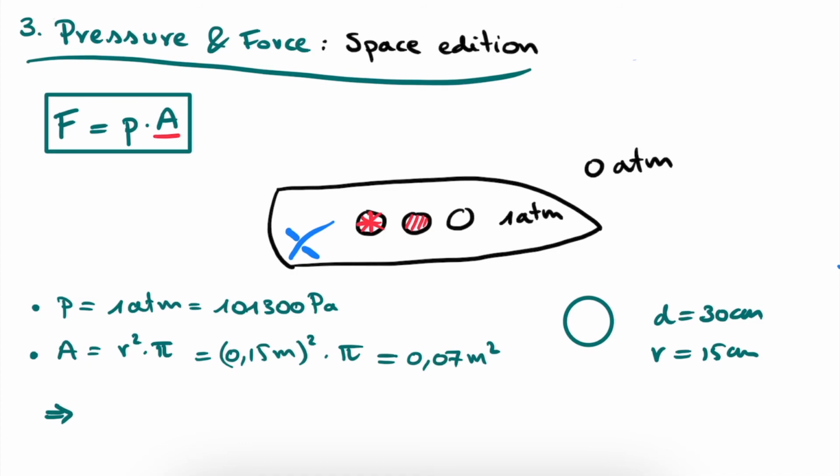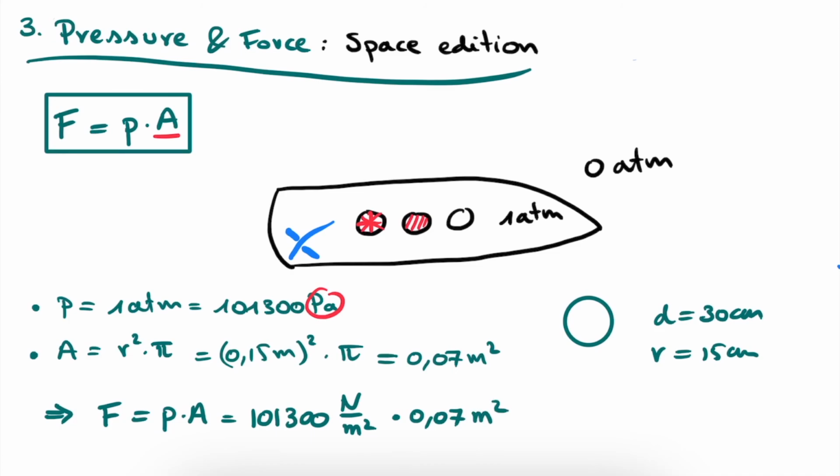And we have everything we need in order to calculate the force that is exerted on the area of this window at the interface between the cabin and outer space. We have F is equal to P multiplied by A, which is equal to 101,300 Newton per meter squared, because let's remind ourselves that 1 Pascal is equal to Newton per meter squared, so the force per unit of surface, multiplied by 0.07 meter squared.